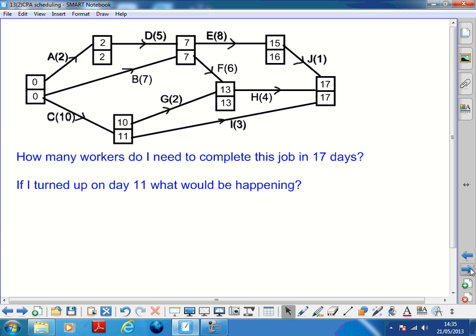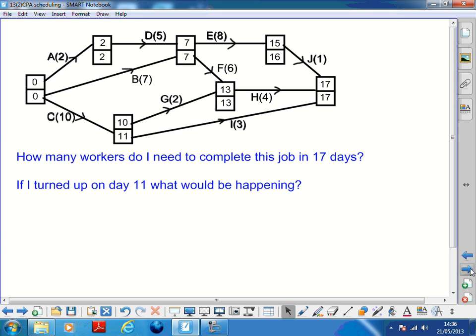Would someone else have to do I? What's the float on I? The float on I is 4, because it could start at 10, it doesn't have to finish until 17, and it's got length 3.